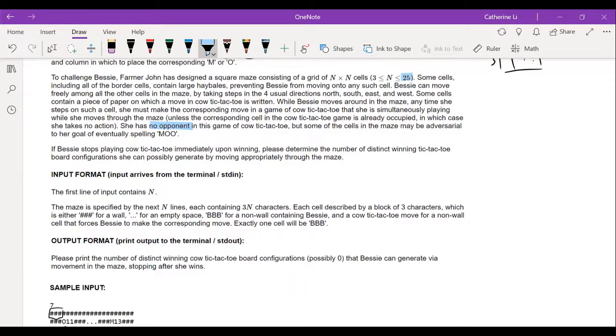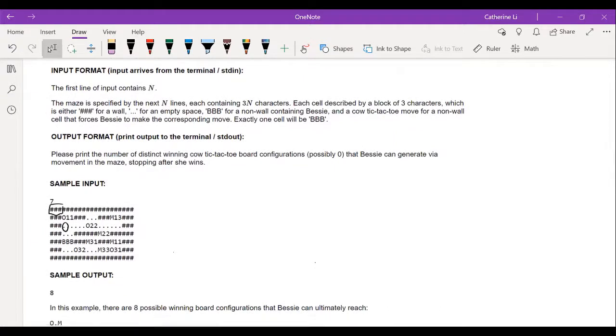And when she gets MOO, then she wins and she's done. Yeah, so it says here that once she wins, she stops. And we want to find the number of distinct winning boards that she can get by moving through the grid.